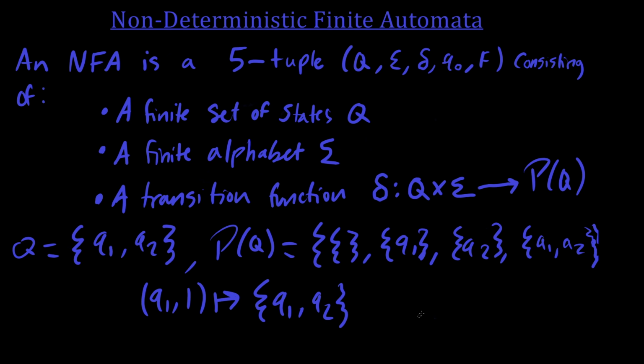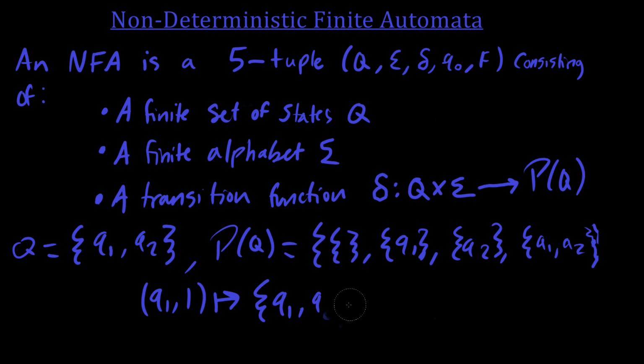So this is what allows us to have multiple transitions for a single character: because we're using the power set, we have every single possible combination of states at our disposal. So we can map any state character pair to any subset of states we want. So this is basically saying that on the state Q1, on the character 1, we can either move to the state Q1 or the state Q2. So that is why having the power set as the codomain allows us to have multiple transitions.